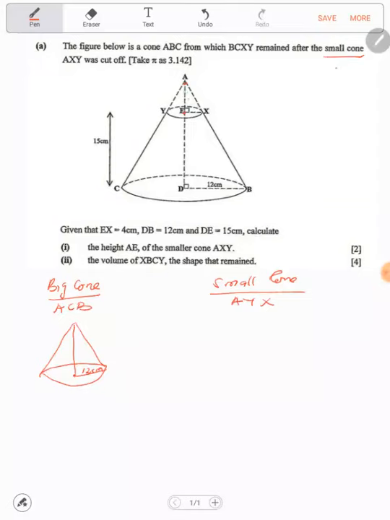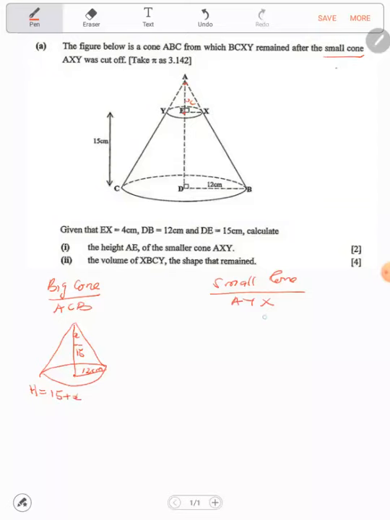We can call this x, which is the same as AE. DE is 15, so the total height of the big cone is 15 plus x.